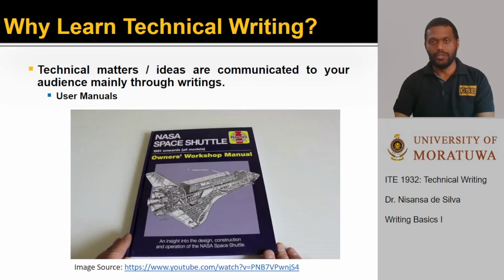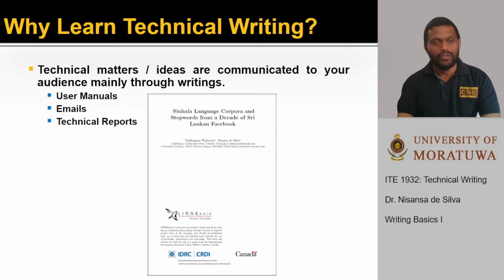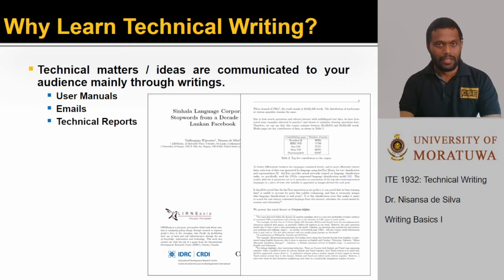We have user manuals. As you can see, it is a user manual for NASA space shuttles. Then we have emails to coordinate with our collaborators. You may write technical reports about your research or development projects to communicate what you have done to other people.